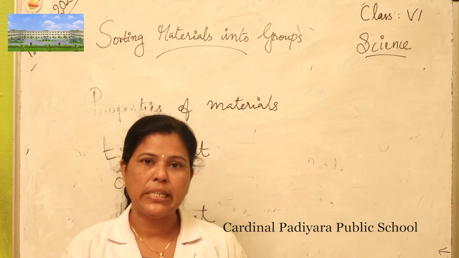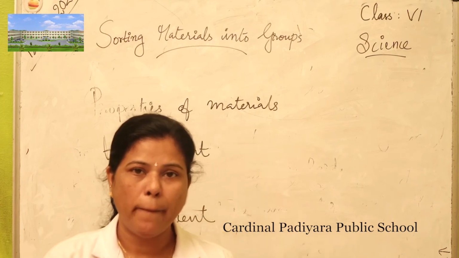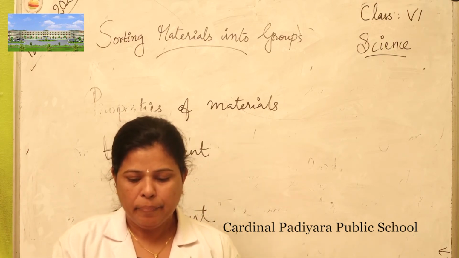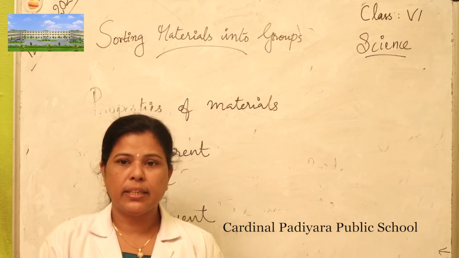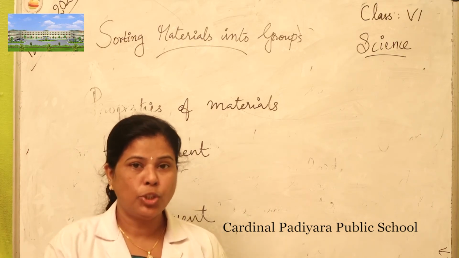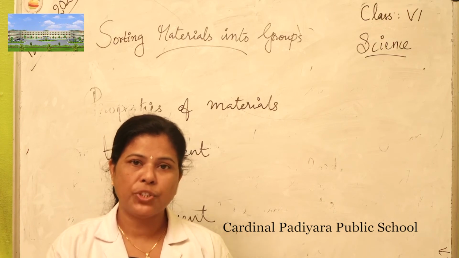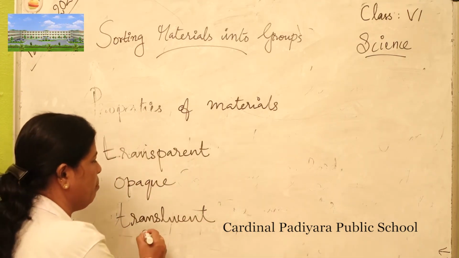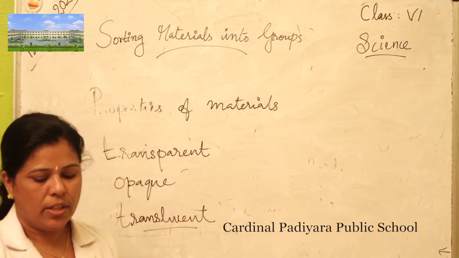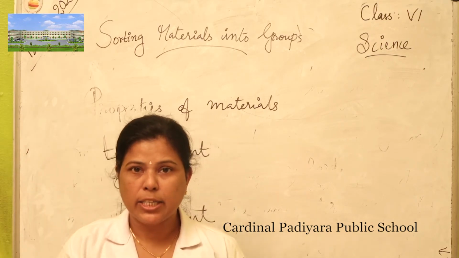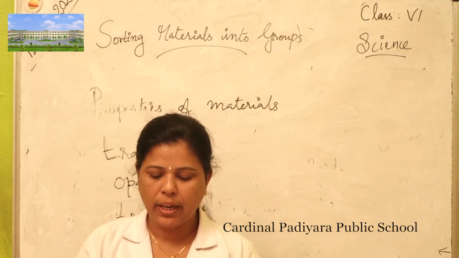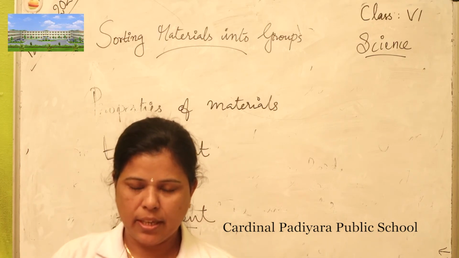Such materials are known as opaque materials. Then some materials allow light to pass through them partially and are known as translucent materials. So three types: transparent, translucent and opaque materials.